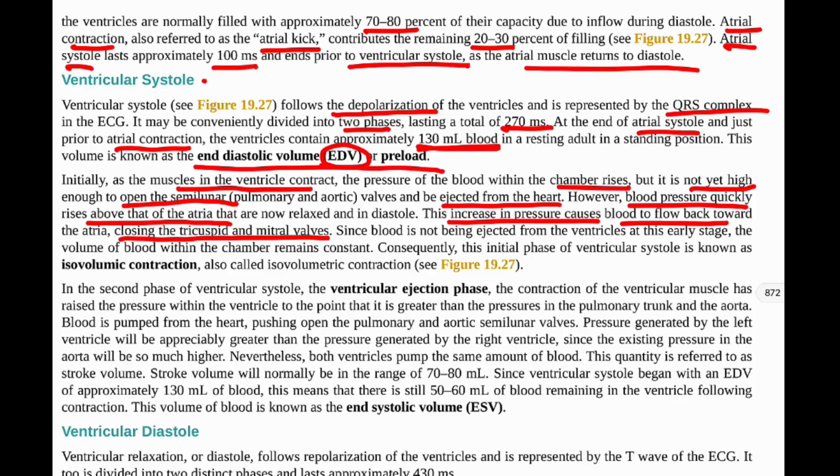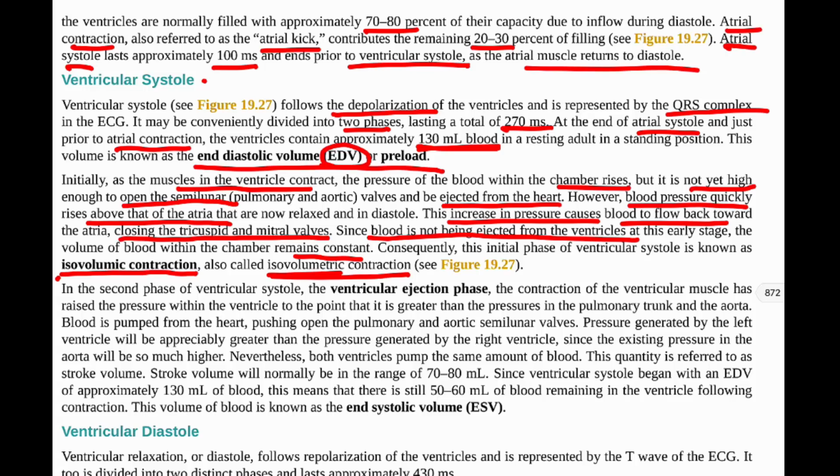Since blood is not being ejected from the ventricles, the volume of blood within the chamber remains constant. So we haven't added any blood or taken any blood away at this point. We've just increased the pressure, closing those valves to the atria. So this is known as isovolumic contraction or isovolumetric contraction, which is the one that I typically use, isovolumetric contraction.